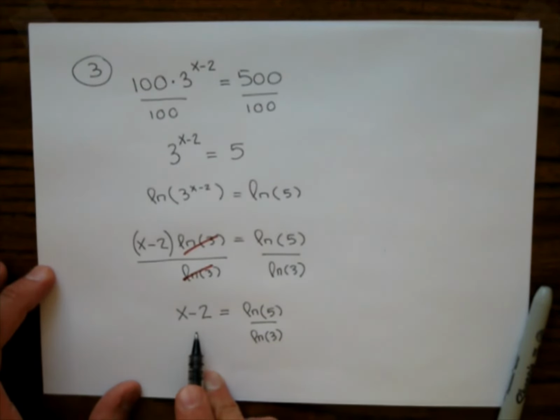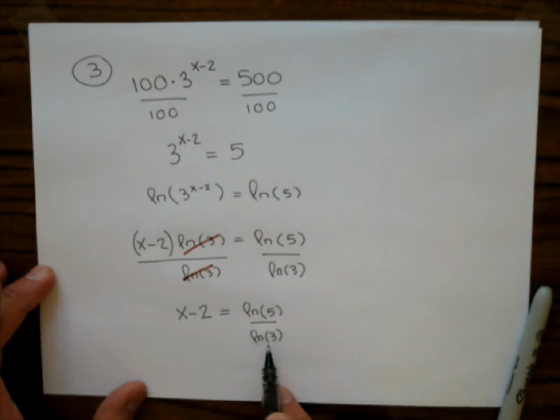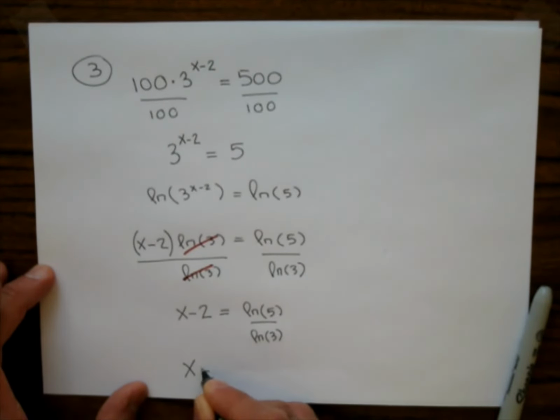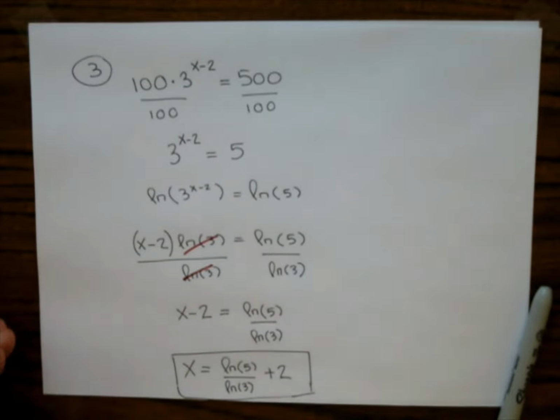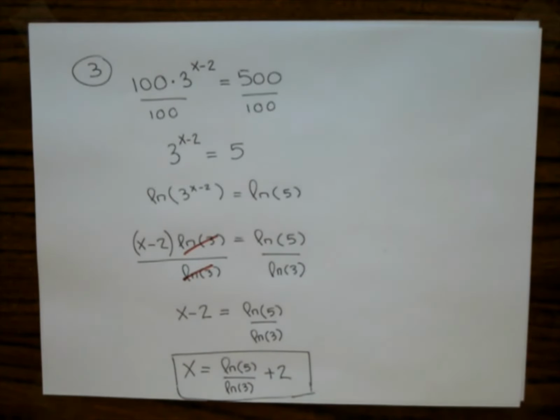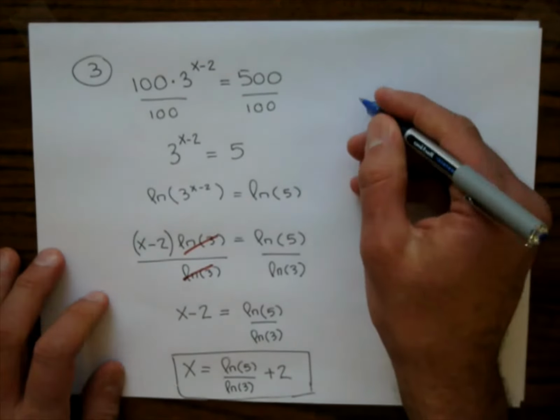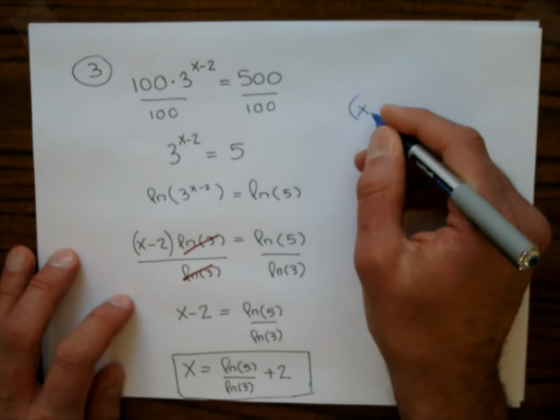Solving for x, I should add 2 to both sides. Now, 2 is not going to gel well with that ratio of irrational numbers, so I'm just going to put it after. So x equals ln 5 over ln 3 plus 2. So this right here is an acceptable answer.